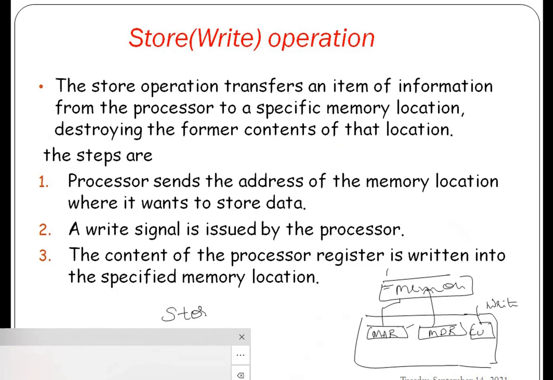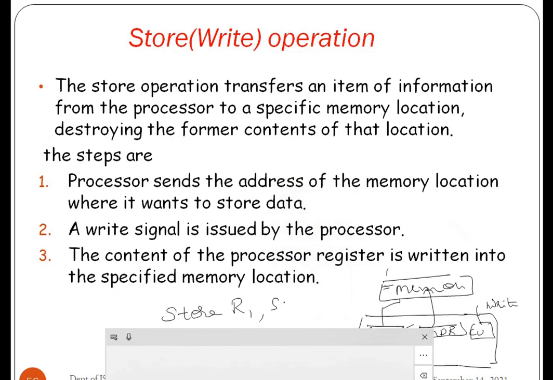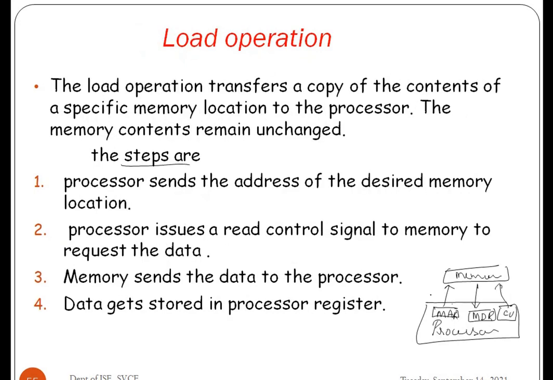For example, I can write store r1, sum. In this case the content of r1 is transferred to MDR and the address of sum is stored into MAR, and the memory writes this data into the specified address. That is for store.